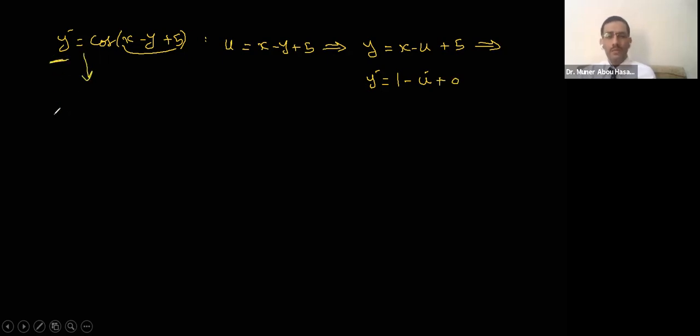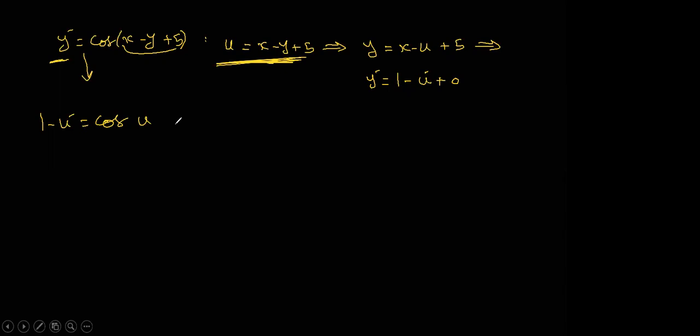Now go to your equation. Instead of y prime, you told me it is 1 minus u prime, equal to cosine of only u. Am I right? What should I do now? Always, after using any substitution, like this or the previous one, you will get a separable equation. How to separate the variables now? So it will be 1 minus cosine u equals du over dx.